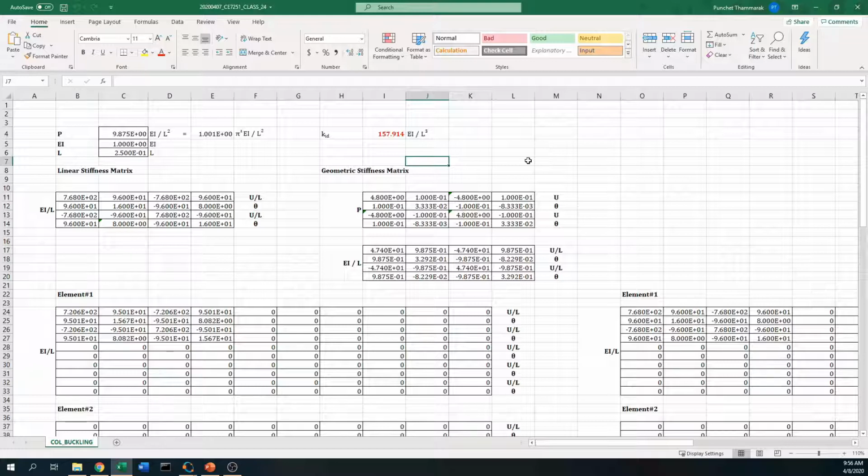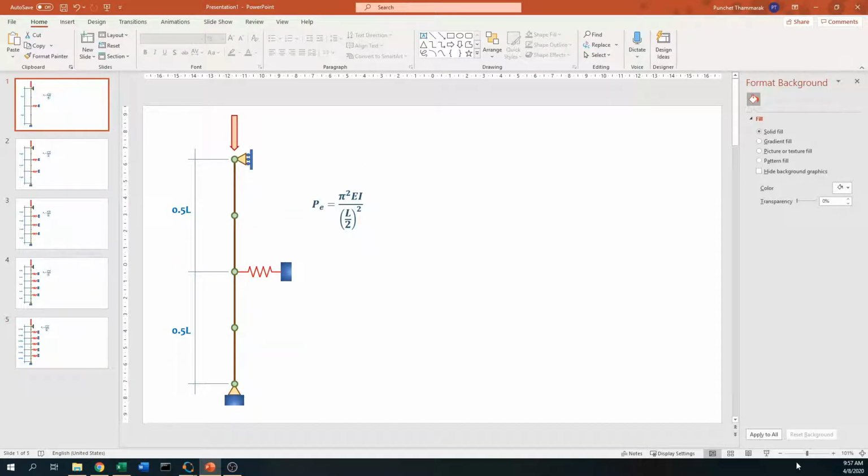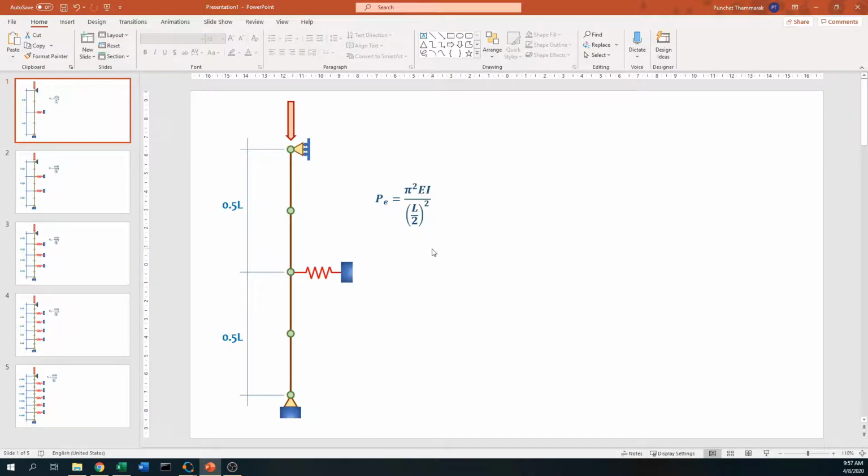I provide this sort of calculations for you, and okay, maybe first of all, in order to understand everything, you got to look at this, which is the explanation of what we are doing.